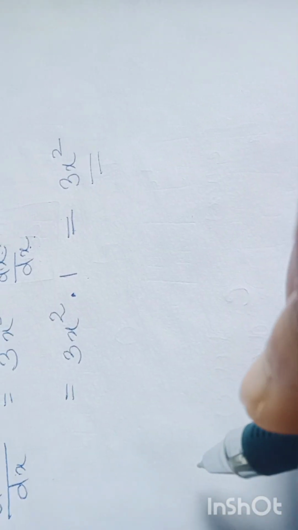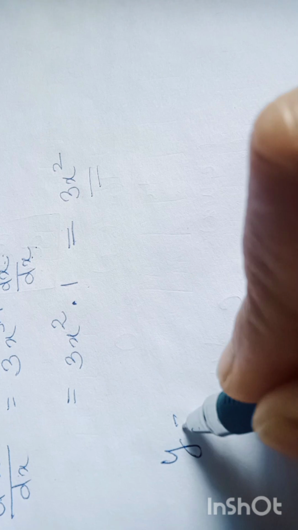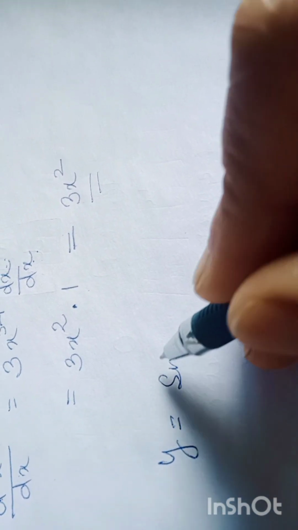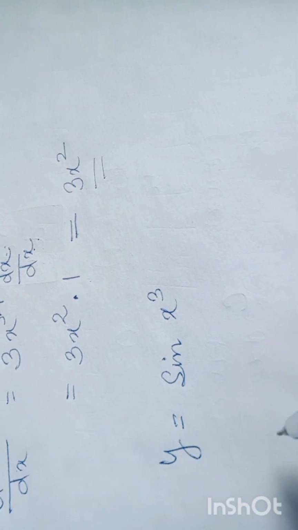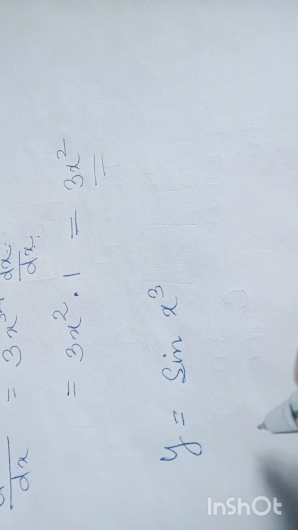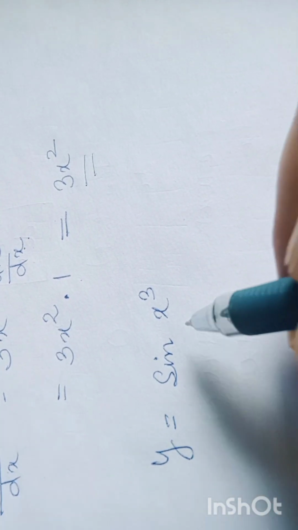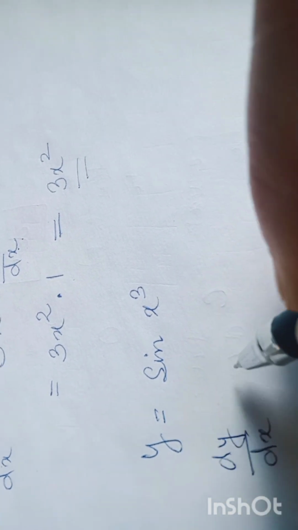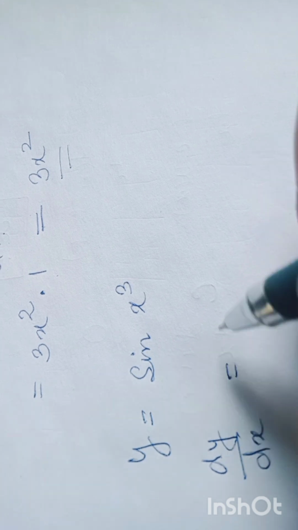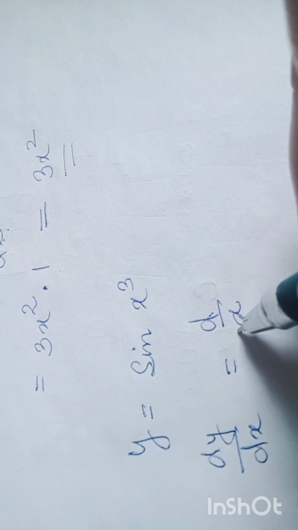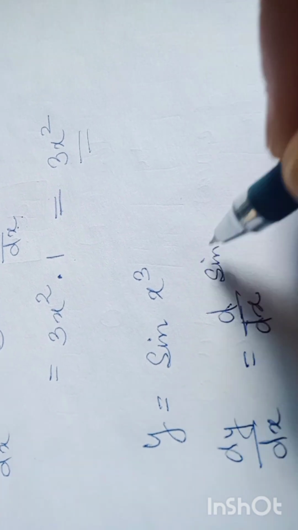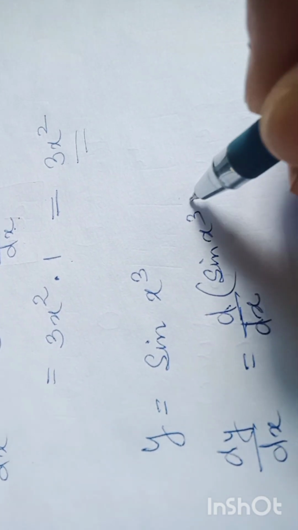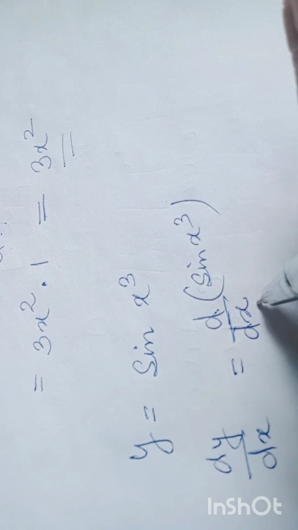Let us consider another function, y equal to sine x cube, and we have to differentiate it with respect to x. Then we will write in this manner: differentiation of y with respect to x is equal to differentiation of sine x cube with respect to x.